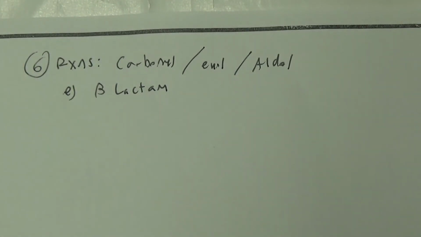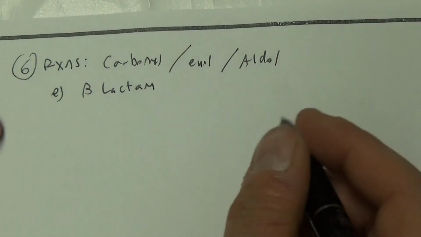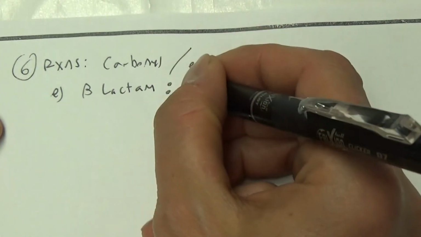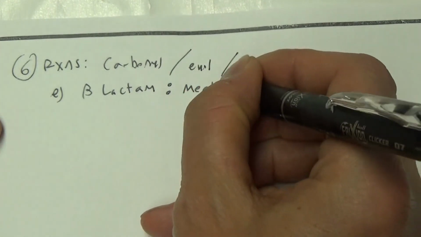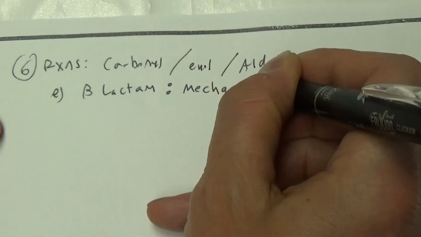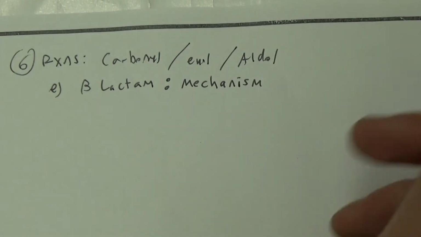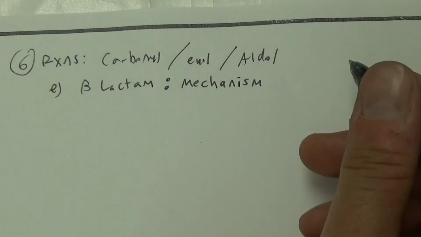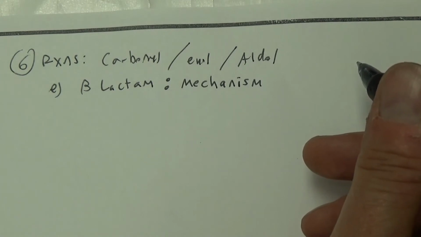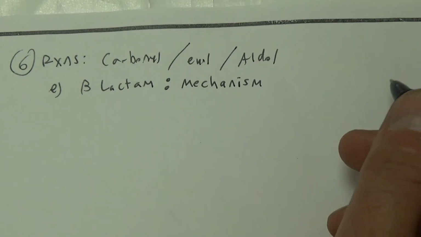Alright, so let's talk about the mechanism of it. So we're kind of done with the synthesis of these things. How do they disrupt bacterial, well, basically kill bacteria? They are bacteriocidal, I guess.